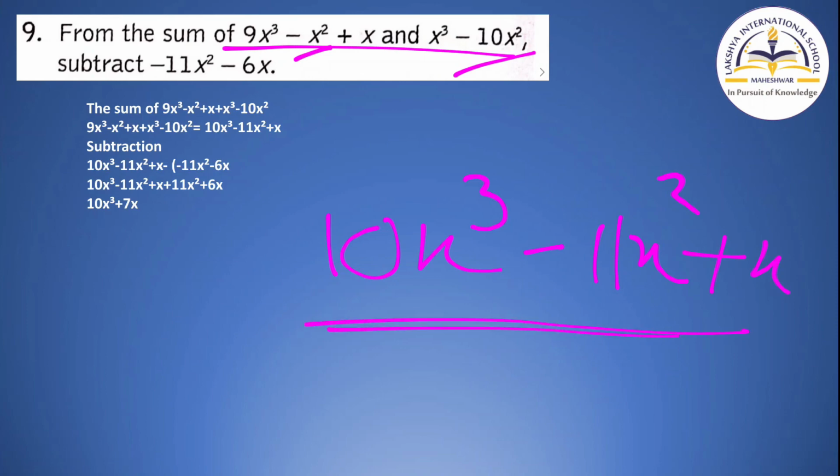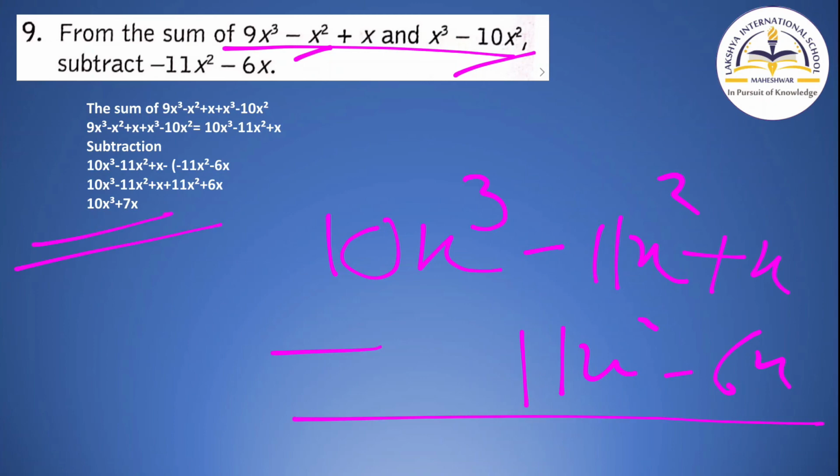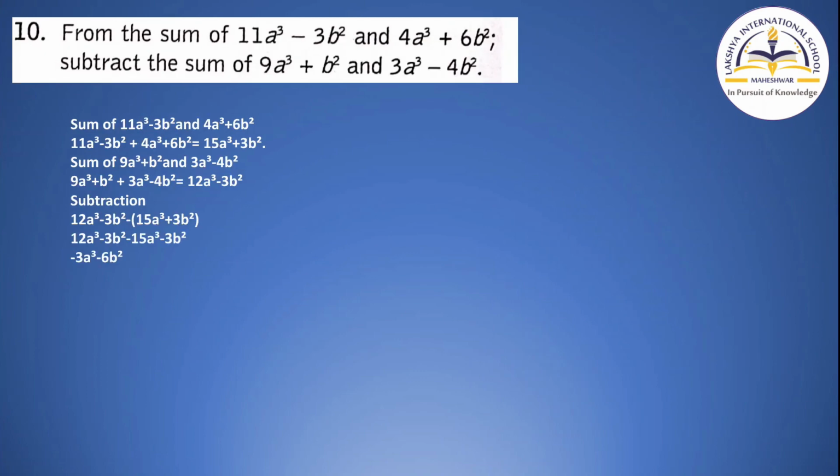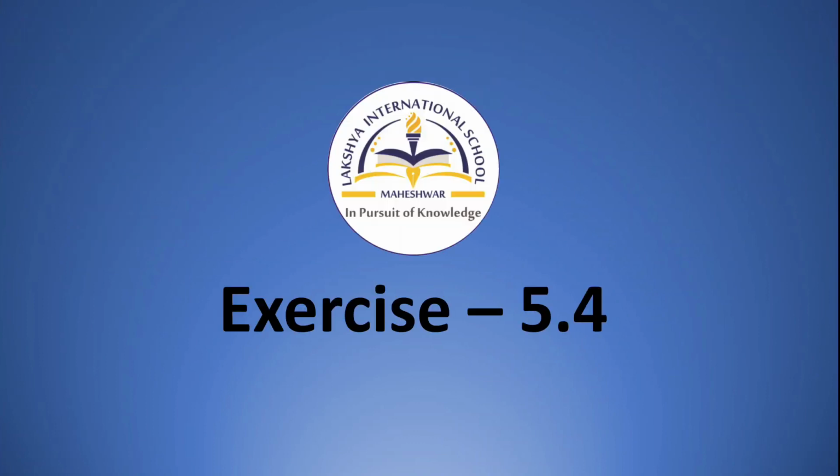Now we have to subtract minus 11x square minus 6x. So when you subtract, what will you get? 10x cube plus 7x. Now in the 11th, same, what you have to do, first you have to find out the sum of this one and then you have to subtract the sum of this one, then you will get your answer.